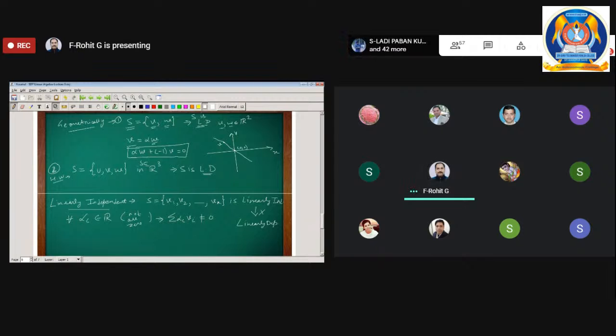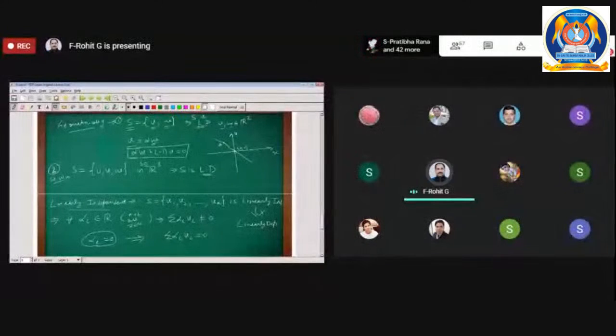So that is the definition of linearly independent. And the other way you are saying is that whenever this expression comes out to be 0, all alpha I should be 0. Then this expression will be true only when all alpha I are equal to 0, which we study in our classes.